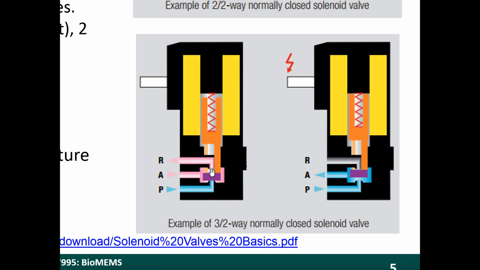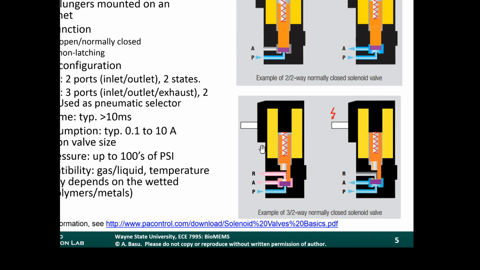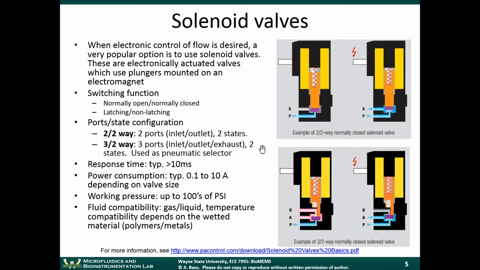When this solenoid is in the bottom position, air is allowed to flow between R and A. And when the valve is activated and it moves to the up position, now you allow flow between P and A. So the 3-2 valve is used as a pneumatic selector. If you have some type of pressure input at A, for example, and you want to direct that to R or direct that to P, you can do that.